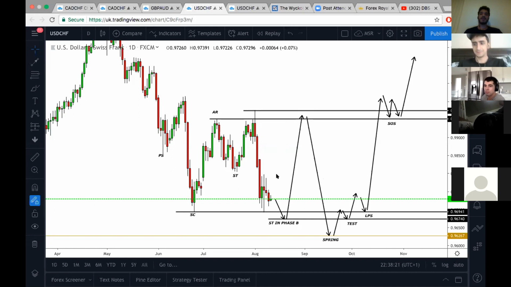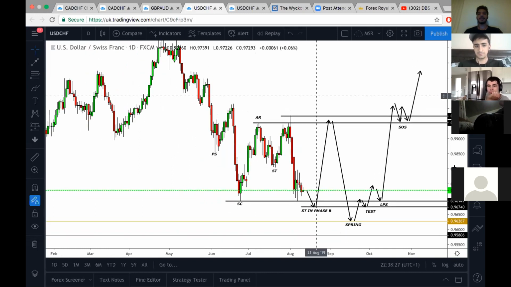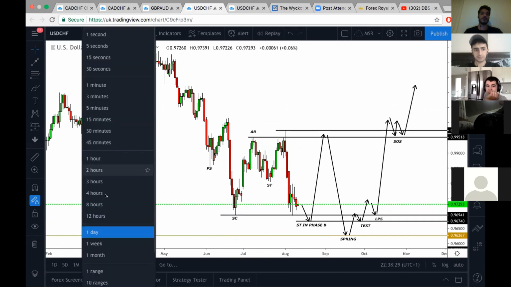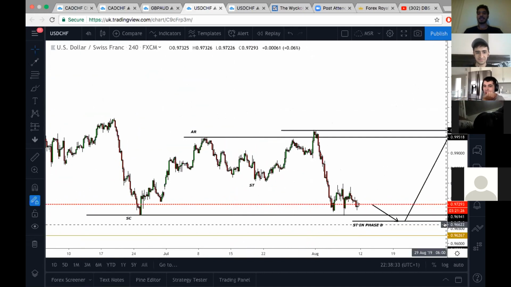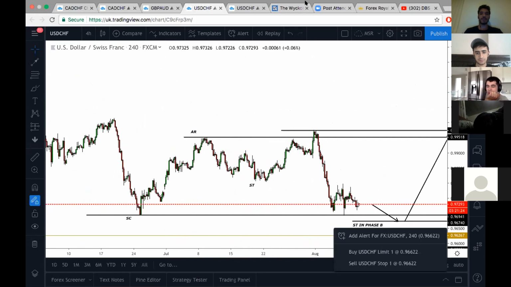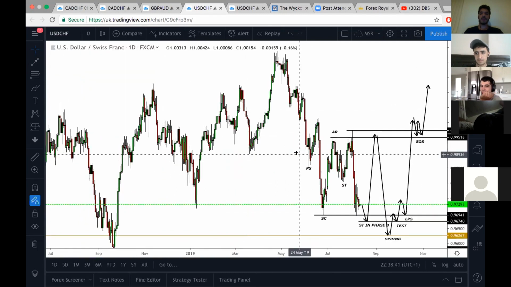Yeah, neither have I. And then also, did you go over reaccumulation versus reversal? So look, it's basically the exact same thing. This is my favorite pair, guys. I love USD CHF. Let me start on the daily. We've got 4 minutes left. If I go back onto the daily, you guys can see that we're in a downtrend.